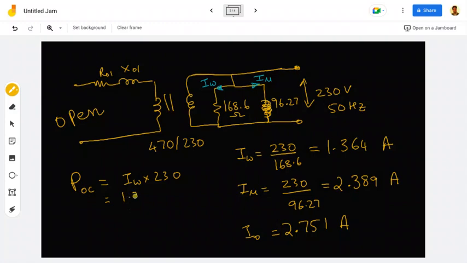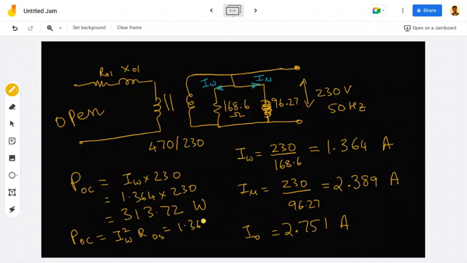So 1.364 multiplied by 230 is 313.72 watts. Alternately, POC can also be calculated by IW square into R naught on the secondary side, whatever notation I have given. So 1.364 square into 168.6.